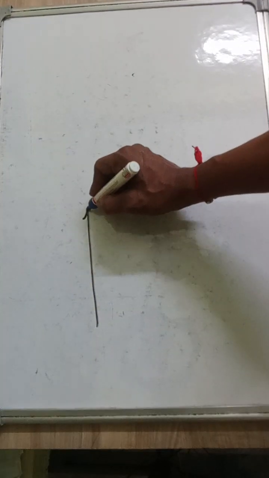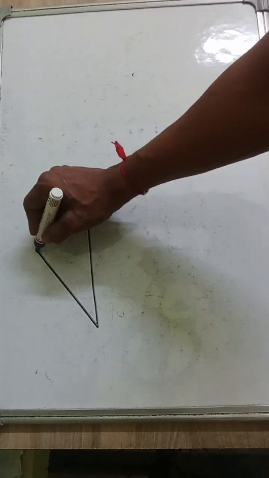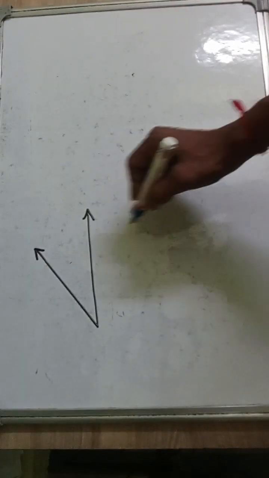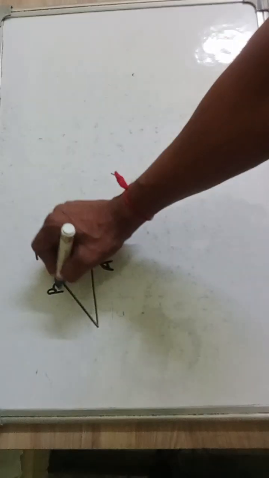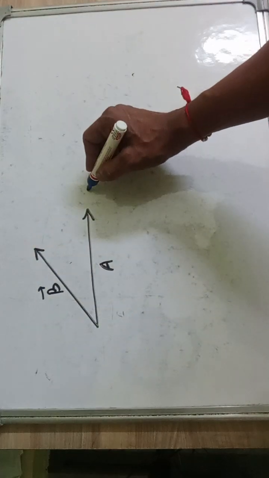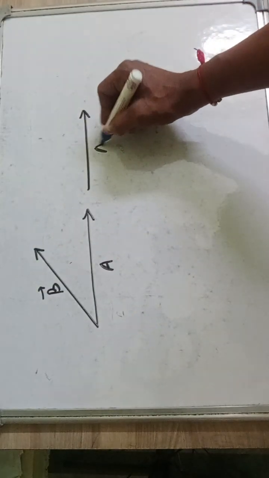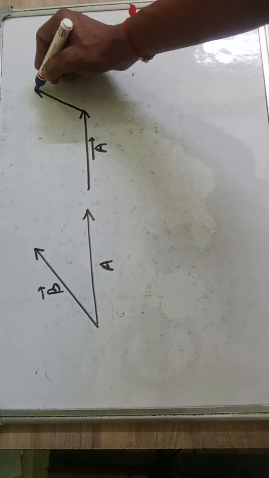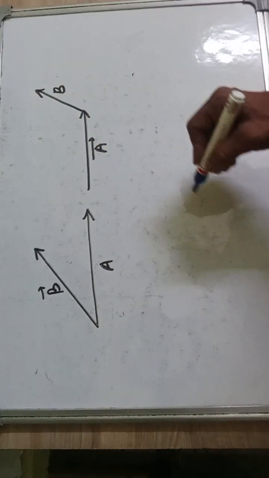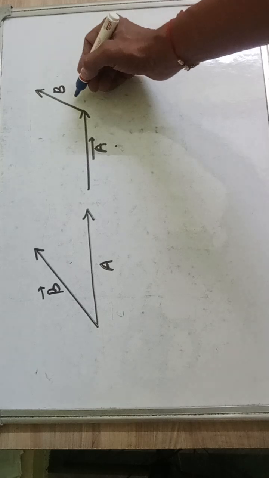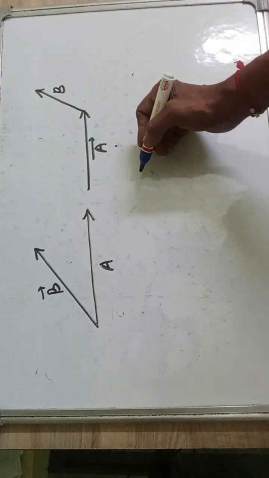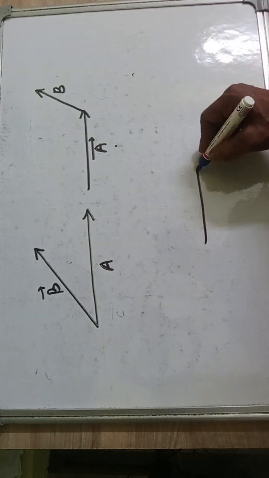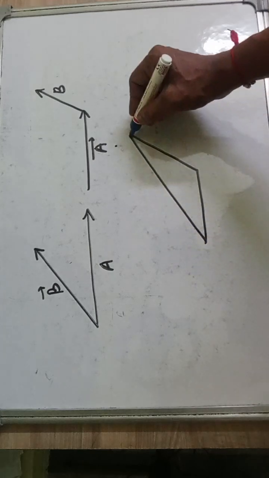Now we have shifted A and shifted B. Again, let us shift B in this fashion so that vector A and vector B represent two sides of a triangle. We know triangle has three sides.